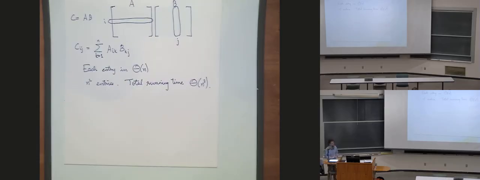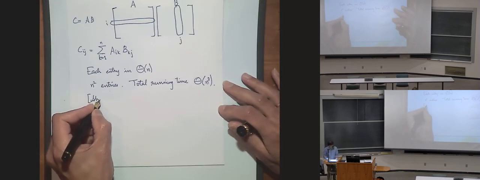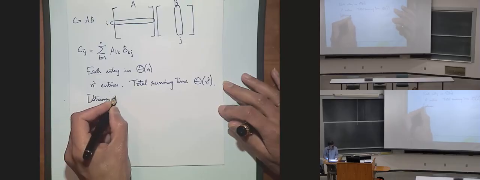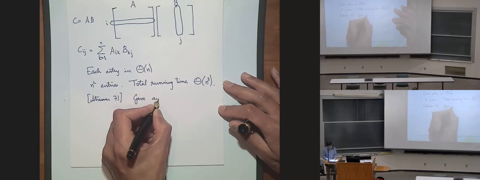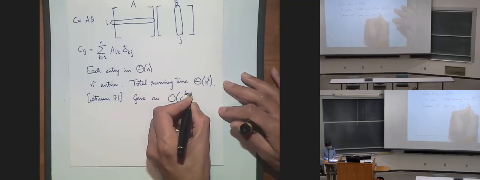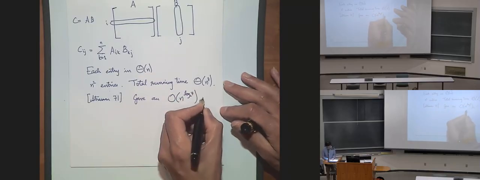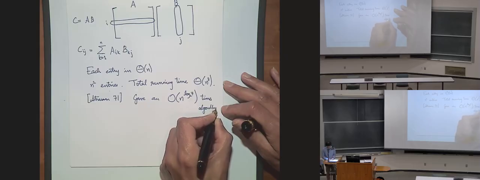And it was thought for the longest time that you cannot do anything better than this, until in a fairly shocking work, Strassen in 1971 gave an O of n to the log base 2 of 7 time algorithm.